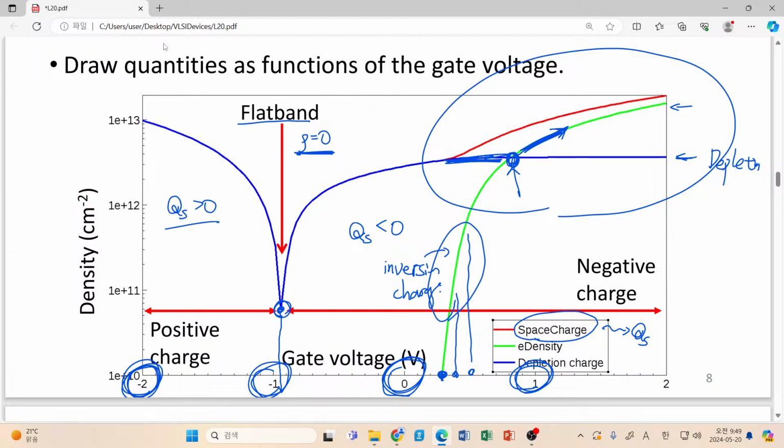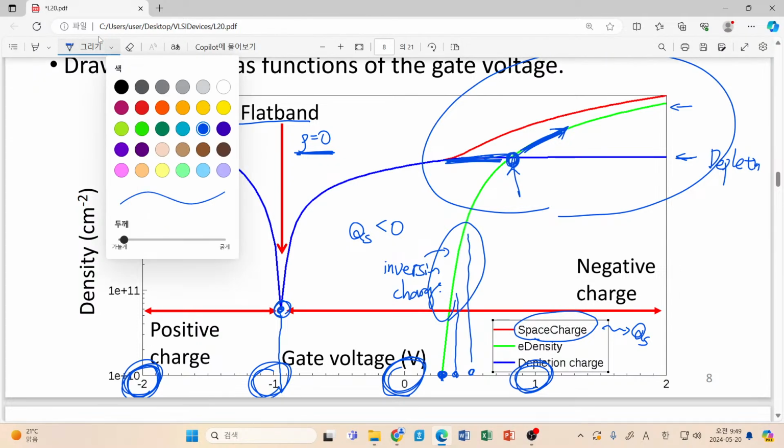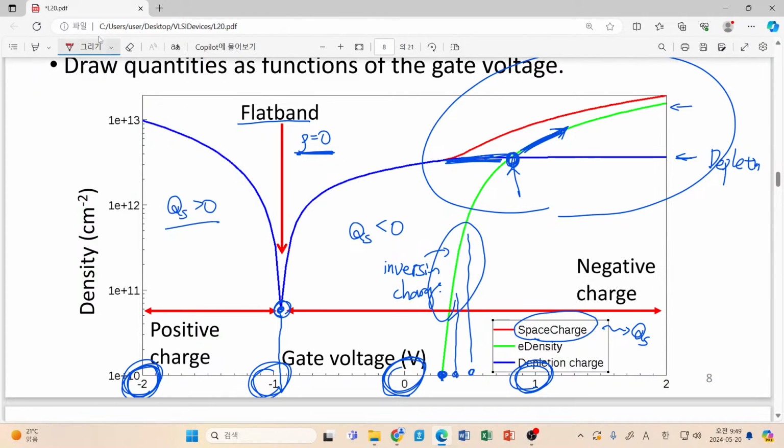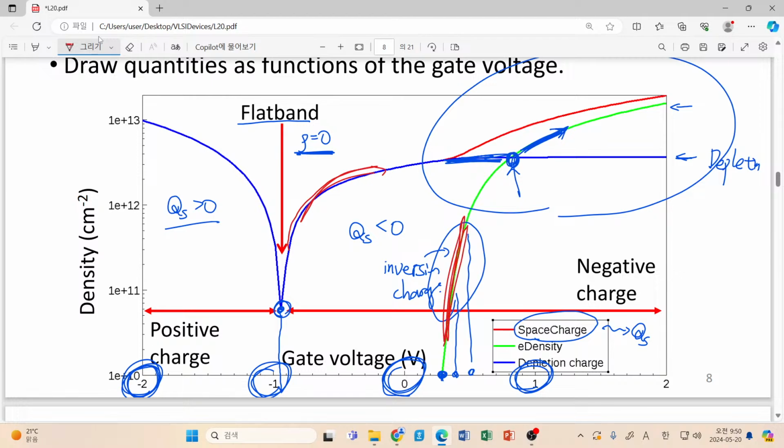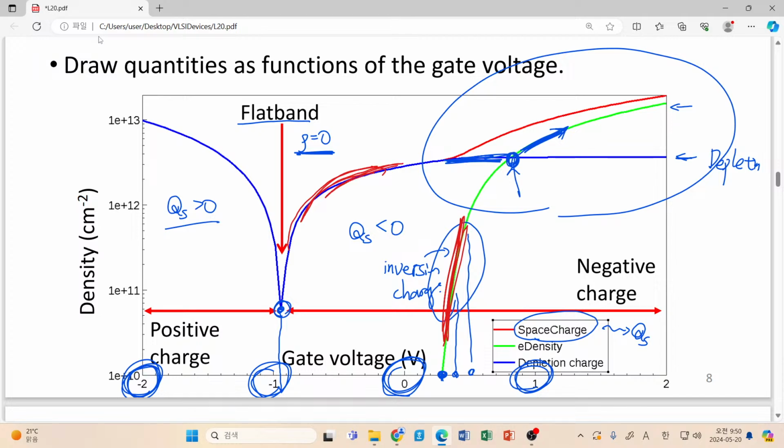So simply speaking, if I make a certain analogy, the depletion charge starts first, and the inversion charge does not start, it just waits. However, once it starts, it shows a much steeper increase than the moderate change of our depletion charge.